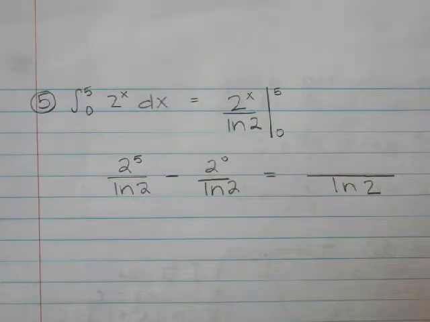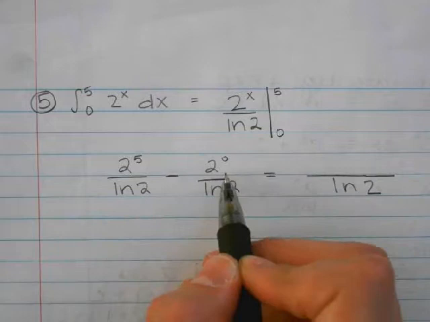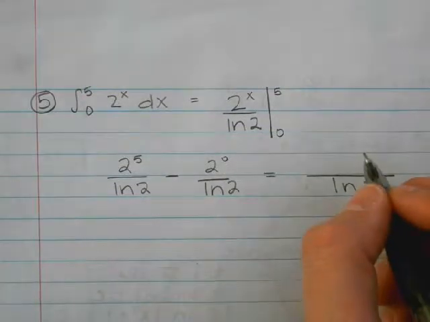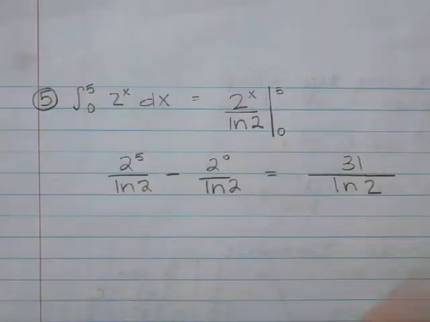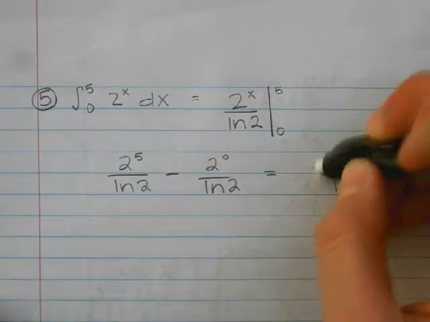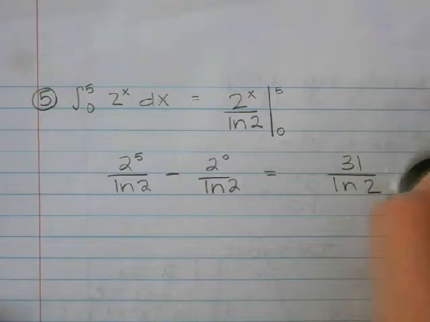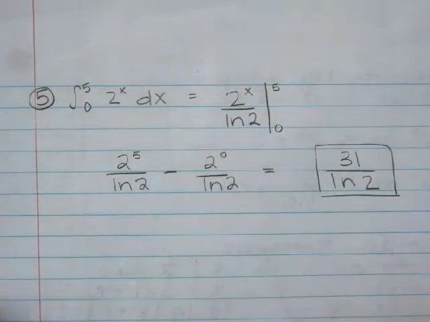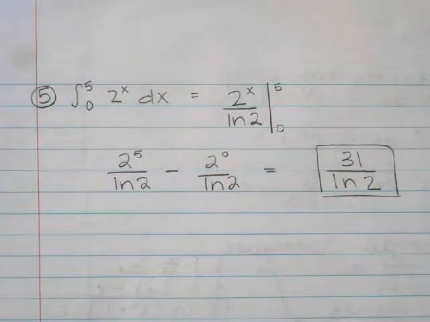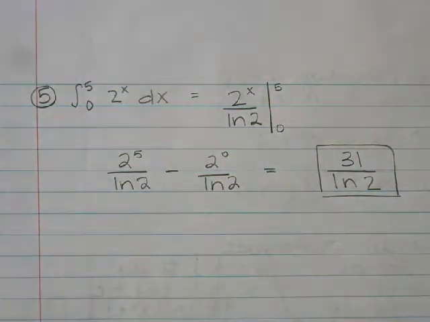What's 2 to the 5th? 32. So we've got 32 minus 1 is 31. 31 over ln 2.